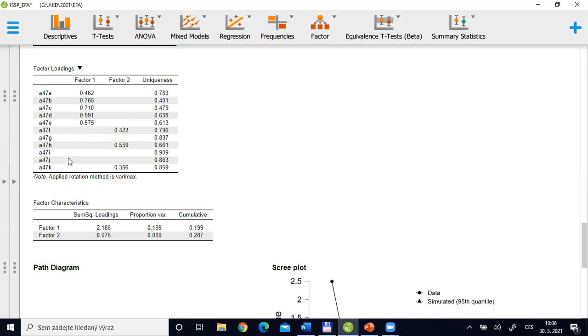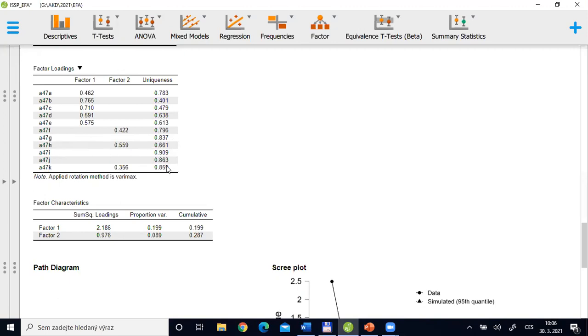For I and J, the situation is nearly even worse, 0.9 and 0.86, so only 10% and only approximately 14% are explained. The rest is unexplained by the second factor. And there can be two solutions to this result. The first solution could be to omit these items.